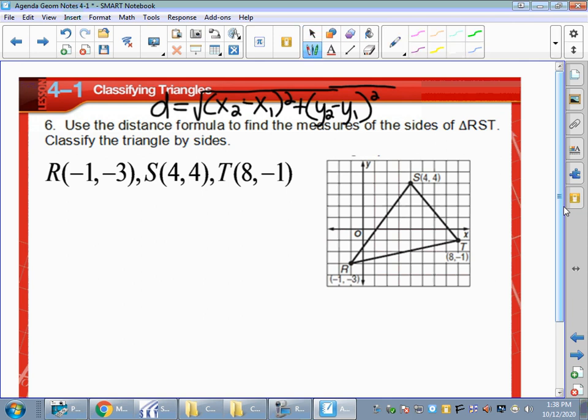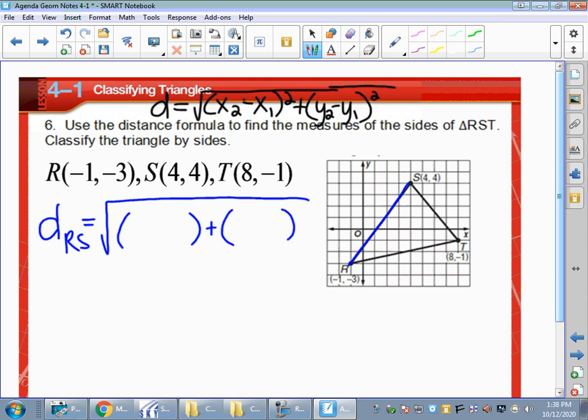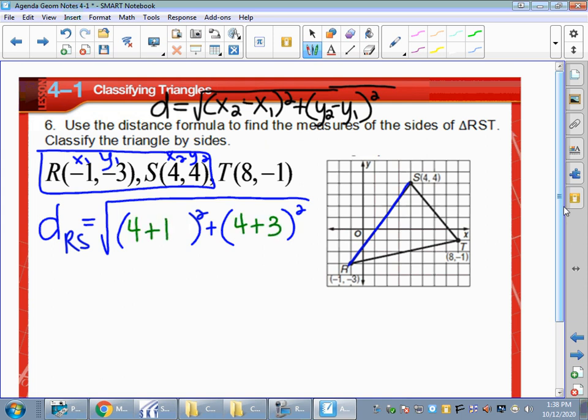So if I'm going to find the length of side RS, this guy over here, I'm going to set myself up an equation, and I'm only going to use R and S, so x and y 1 and 1, x and y 2 and 2. I can plug all that stuff in there. So I end up with a 4 minus negative 1, a 4 minus negative 3.